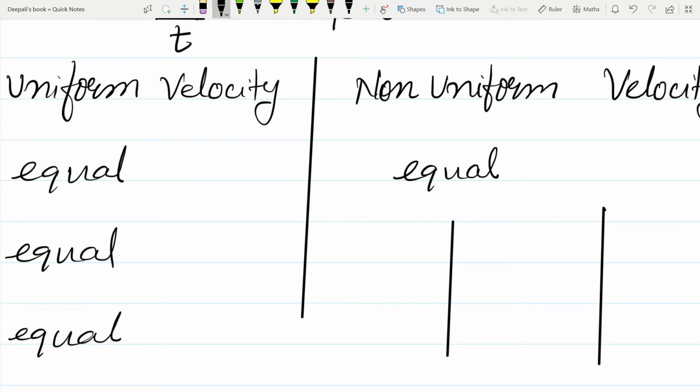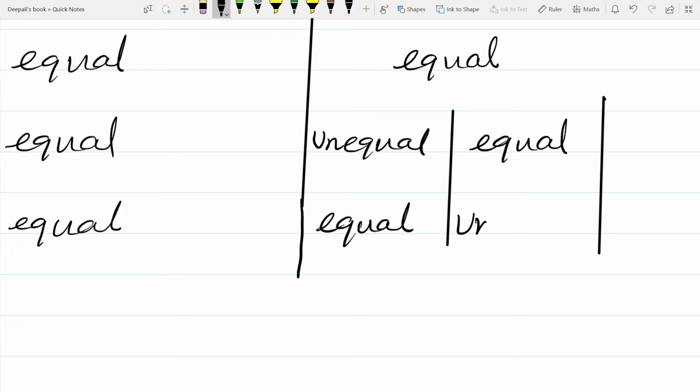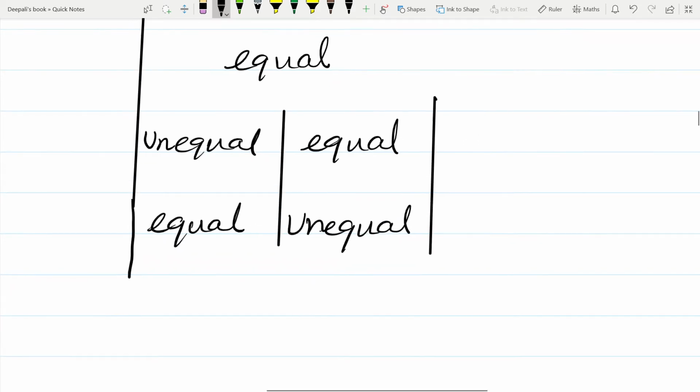Time is always equal. Here distance can be unequal and direction can be equal. Distance can be equal, but direction can be unequal, or both are unequal.